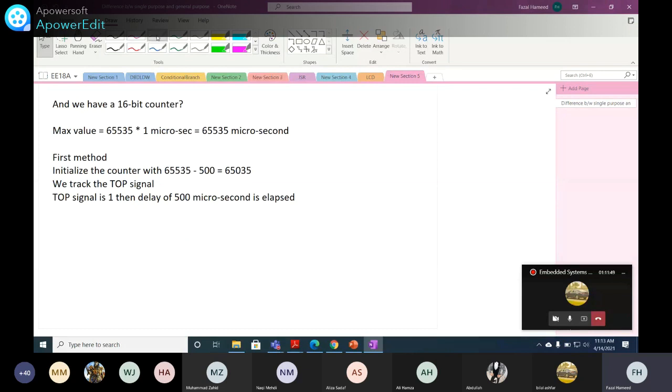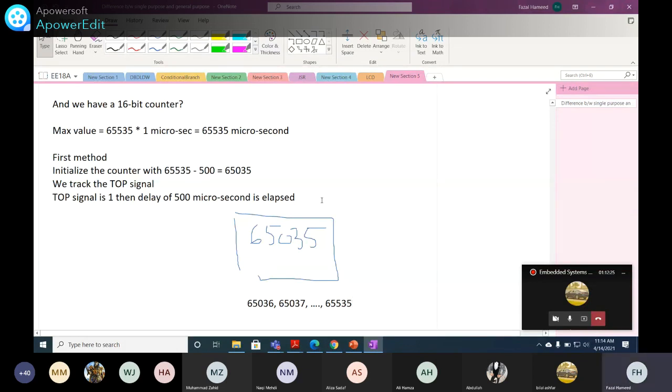So now the counter value is 65,035. We initialize this. Okay. So the next time, what will be the value of the counter? The next value will be 65,036, then 65,037, and so on, until it reaches the maximum value of 65,535.